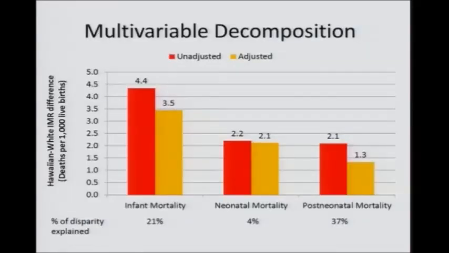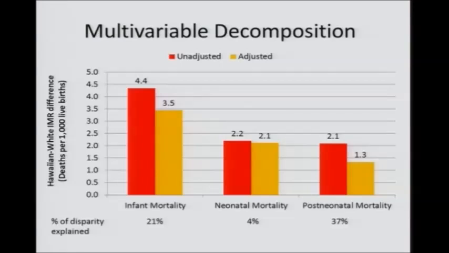And so this just shows by time of death, neonatal, post-neonatal, what could be explained, and the unadjusted and adjusted comparison. We could explain 20% overall of infant mortality, only 4% of neonatal mortality, and it would have been much higher, but there were actually factors in the model that favored Native Hawaiians, like parity and multiple births.